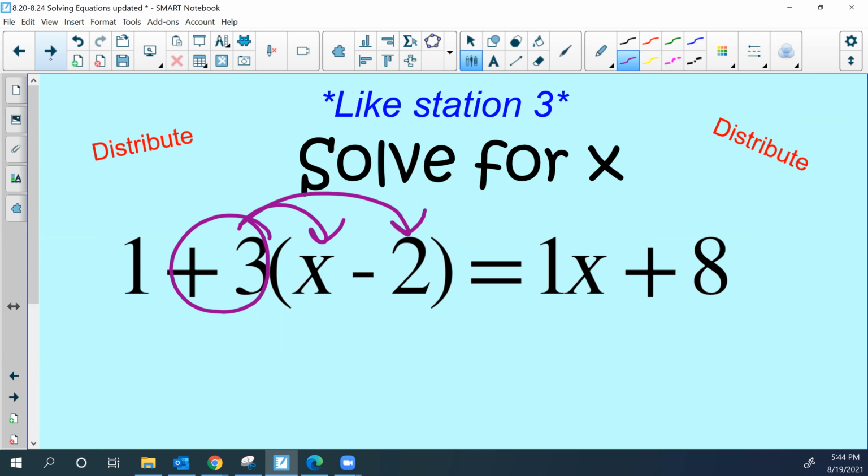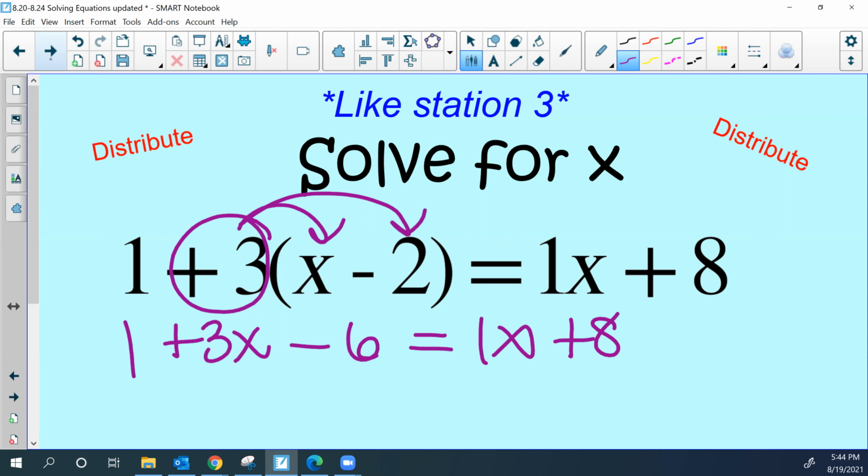So I'm now going to have on the left-hand side, 1 + 3X - 6 equals 1X + 8. This problem should now be more manageable for you to do. Pause the video and continue solving this.